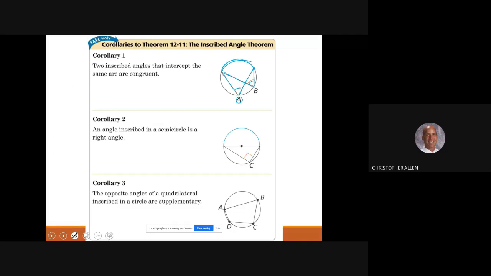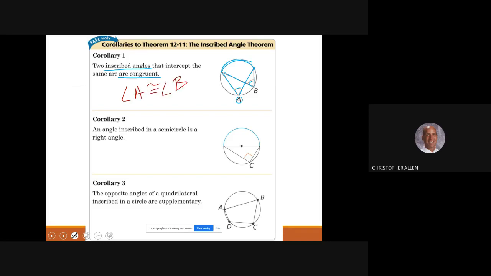Therefore, guess what has to be true about those 2 angles? They have to be congruent. In other words, the measure of angle A has to be congruent. Actually, let's not use the word congruent. That's technically not correct. Let's do it red. Angle A has to be equal to angle B.